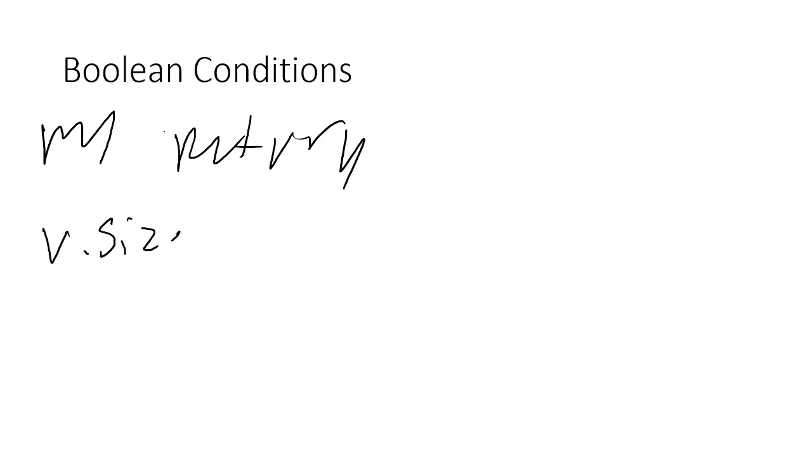Now, the Boolean condition, what you're returning. You guys did this in a similar quiz. What I do, and I don't know if this is correct or not, is v.size equal to 0. What is v in this case?